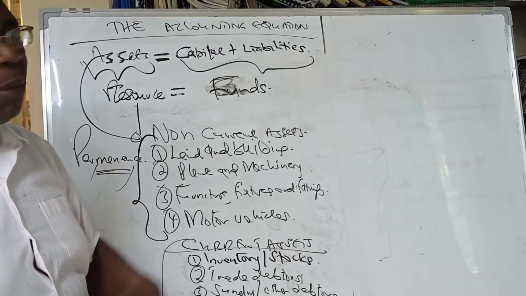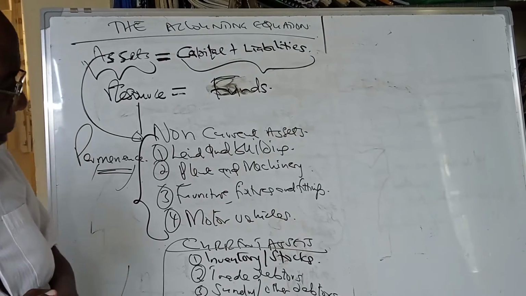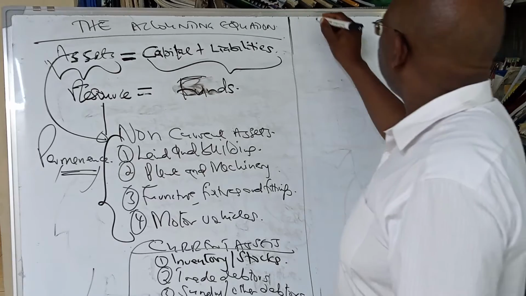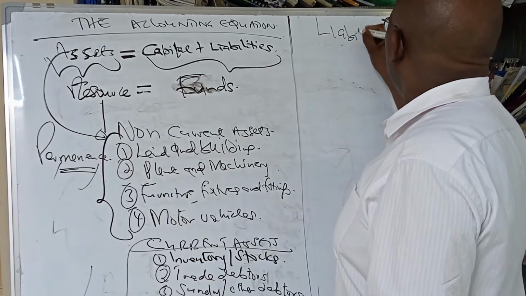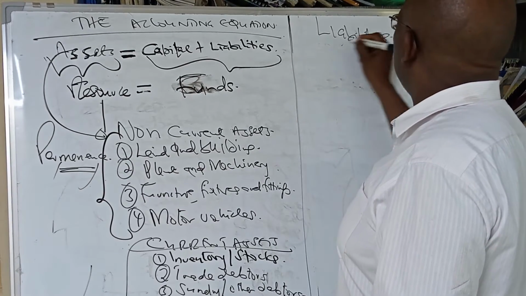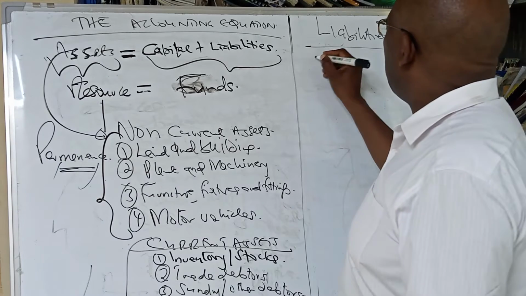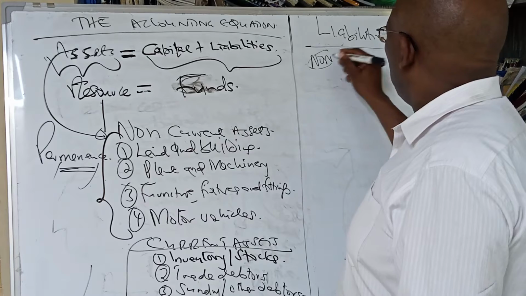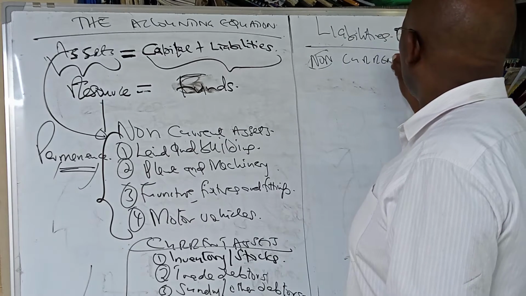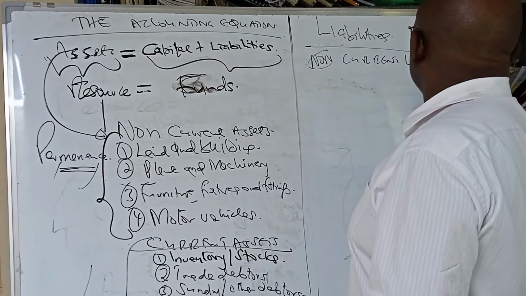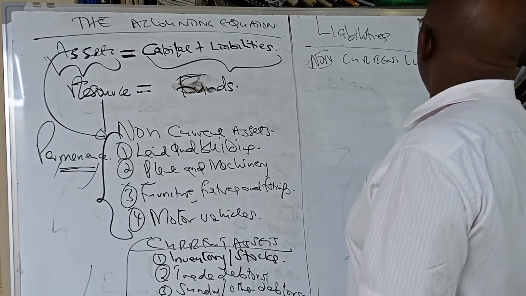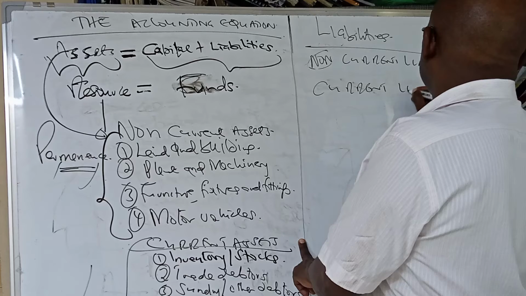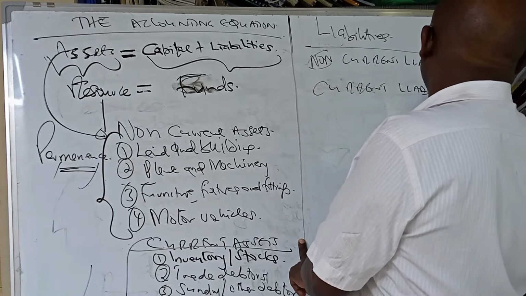What about the side of capital and liability? We follow the same argument among liabilities, and we say we have non-current liabilities and we have current liabilities.